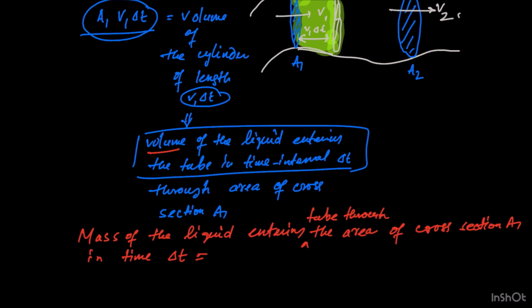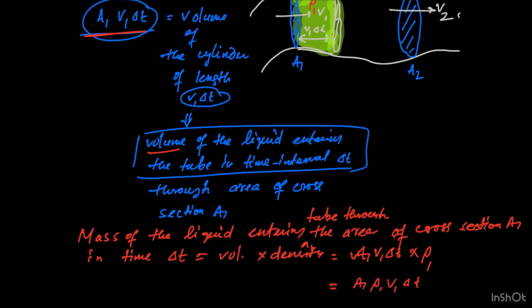If I say the density of the fluid here is rho 1, then the mass is volume into density, that is A1 v1 delta t multiplied by rho 1. So this becomes A1 rho 1 v1 delta t.